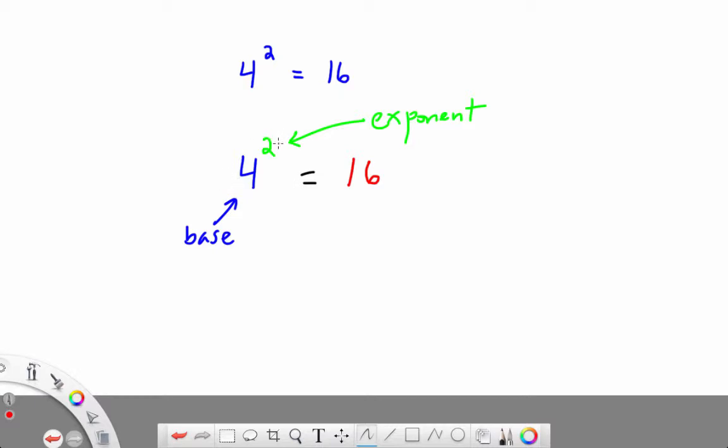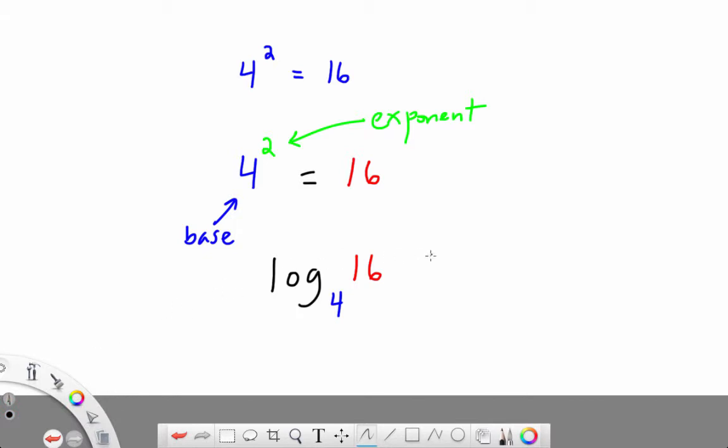to the exponent equals. So since logs are the inverse operation of exponents, we can rewrite this equation in another form. So the way we're going to write that is like this: log base 4 of 16.